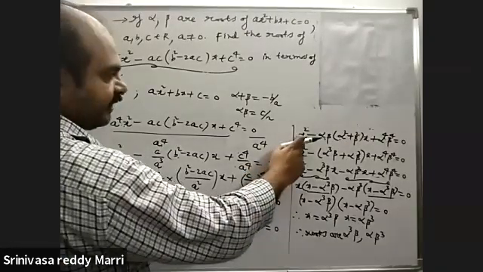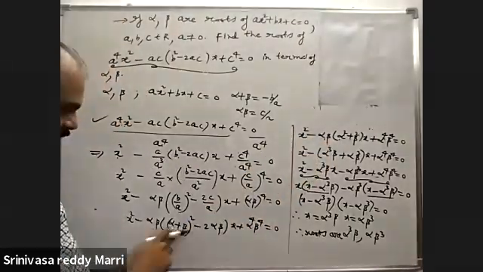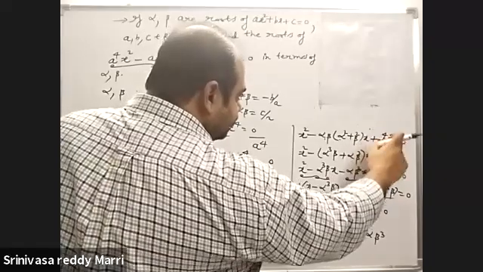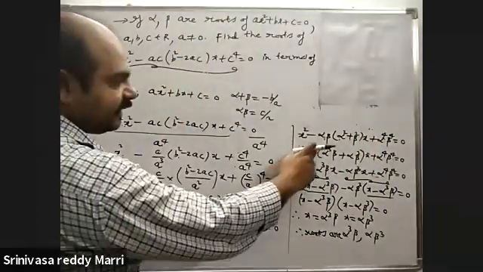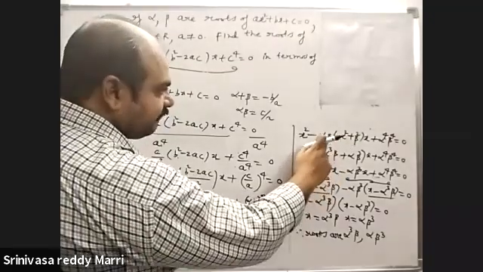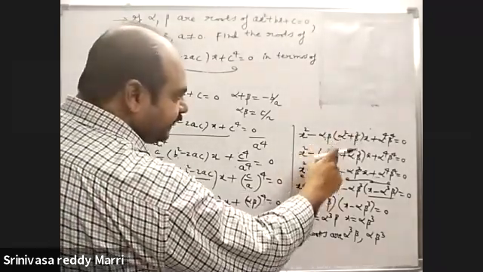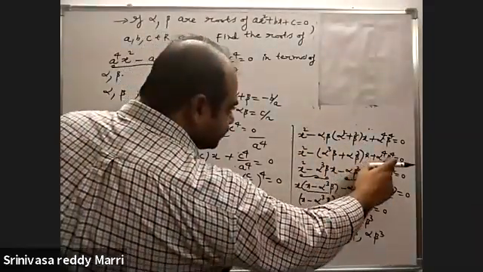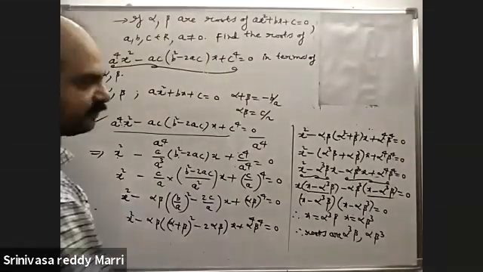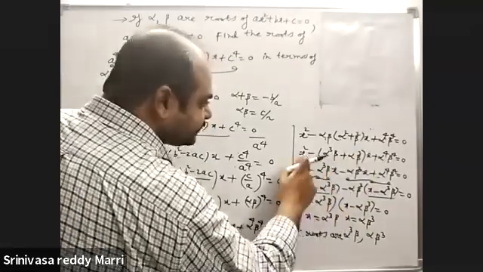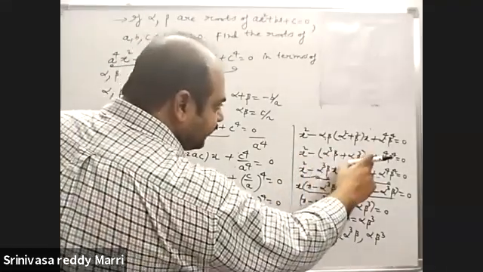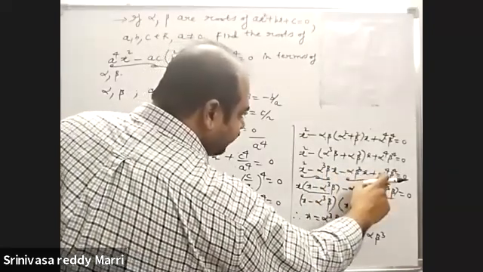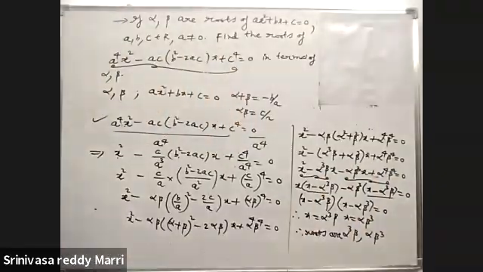So you will get x square minus alpha beta into alpha square plus beta square into x plus alpha to the power 4 beta to the power 4 equal to 0. X square, multiply this inside: alpha beta into alpha square, alpha cube beta, into beta square, alpha beta cube, into x plus alpha to the power 4 beta to the power 4. Now this I have multiplied: x square minus alpha cube beta into x minus alpha beta cube into x plus alpha to the power 4 beta to the power 4 equal to 0.